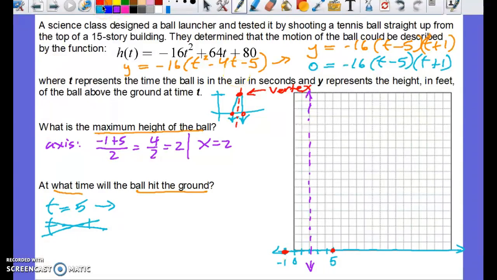So all I need to do to find the vertex is plug that x value into the equation. So it's going to be y equals negative 16 times 2 minus 5, 2, not t, plus 1. It's going to be negative 16 times the negative 3 times the positive 3.